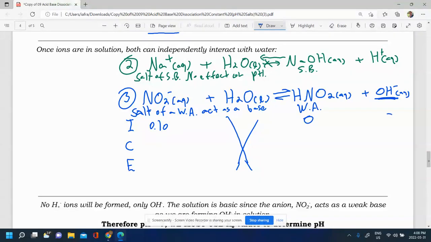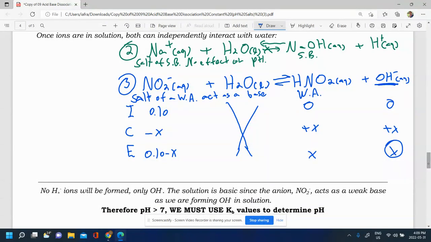This would be 0 at the start, so with this would be minus x. This would be plus x and plus x. This would be x and x. And this is 0.10 minus x. Our goal is to find the pH, but based on this ICE table, we can't find the concentration of H3O plus. We'll have to find the concentration of OH minus, and then from there convert to pH in one of the methods that you're comfortable with.